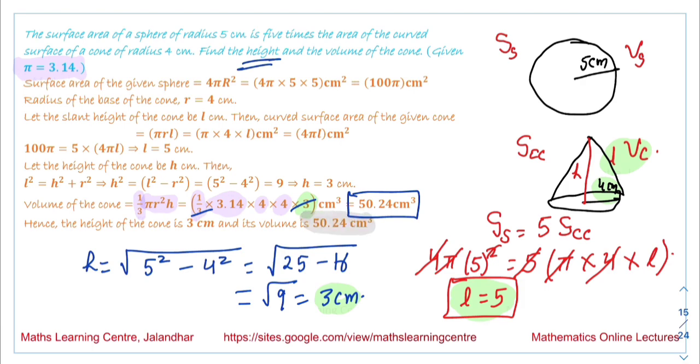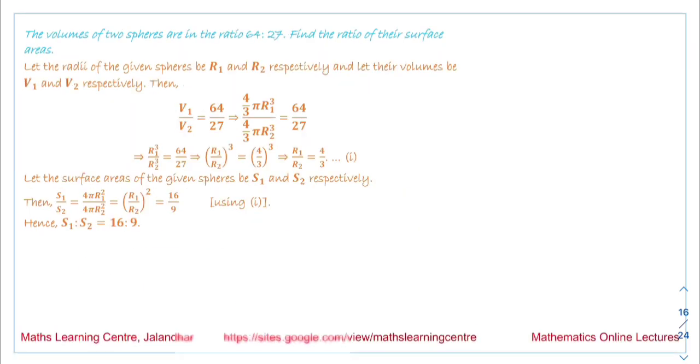So the height is 3 centimeters and the volume is 50.24 centimeter cube. Now next, the volumes of two spheres are in the ratio of 64 is to 27. So the volume V1 over V2 is equal to 64 over 27. We have to find the ratio of their surface areas.